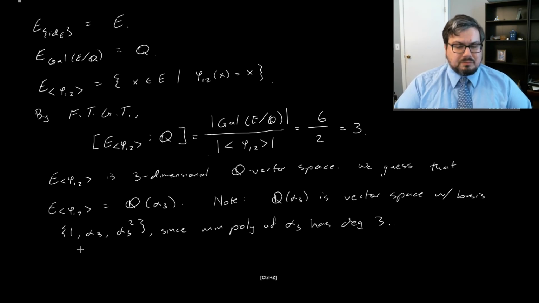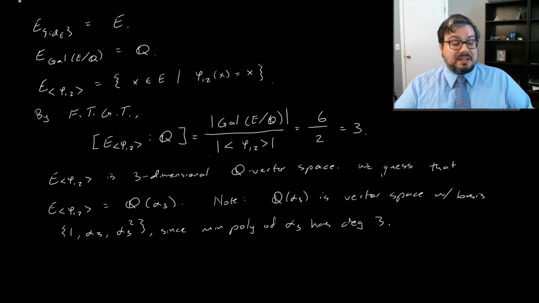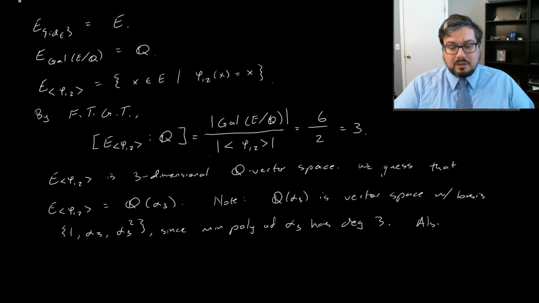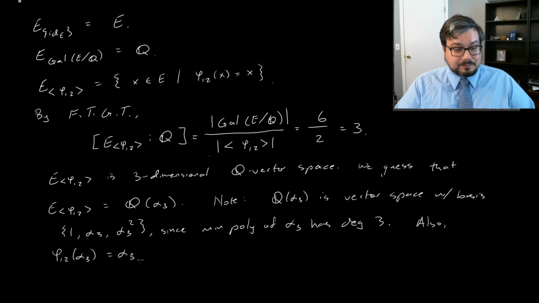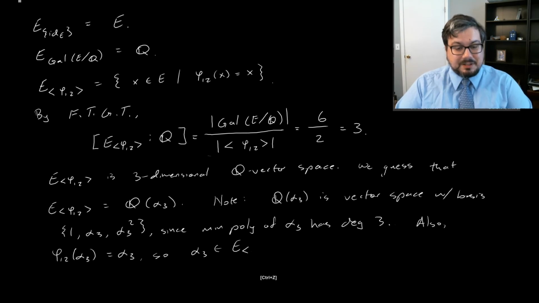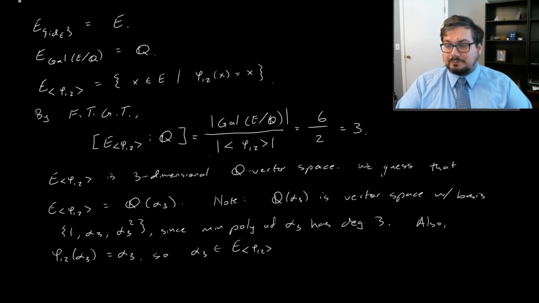So we definitely have a vector space with the correct dimension, dimension 3. Also, we have that phi 1,2 of alpha 3 is equal to alpha 3. So alpha 3 is certainly contained in the fixed field of the subgroup generated by phi 1,2. So since alpha 3 has to belong to this fixed field, so does alpha 3 squared.